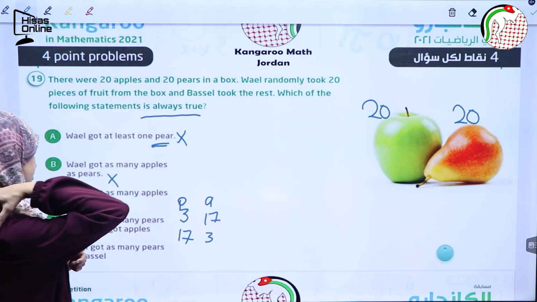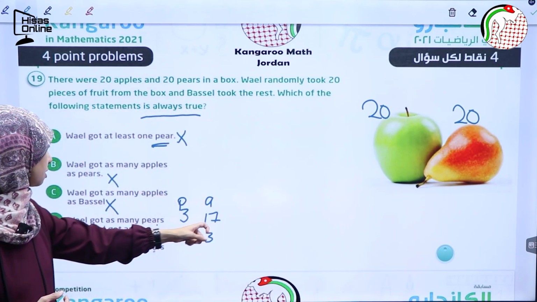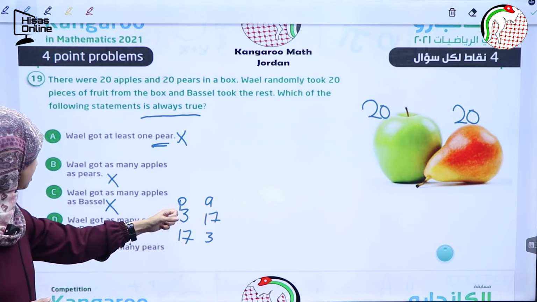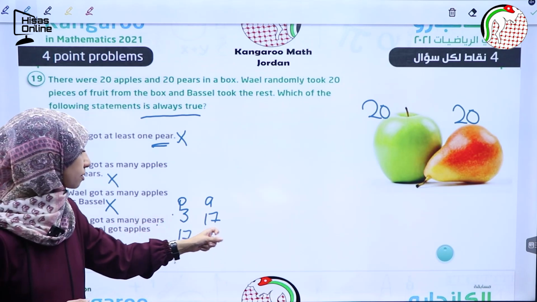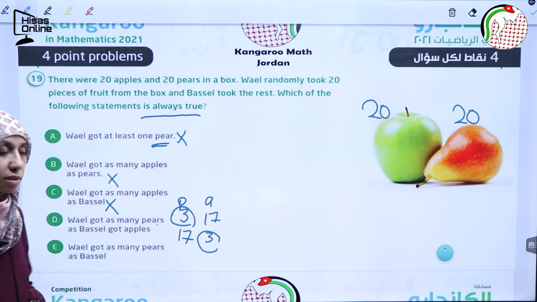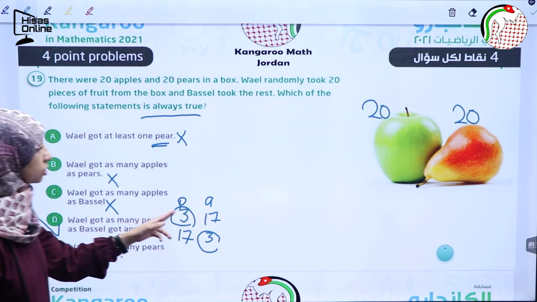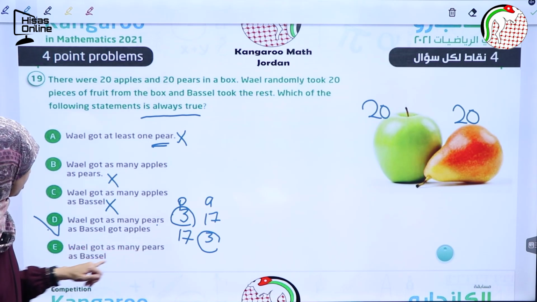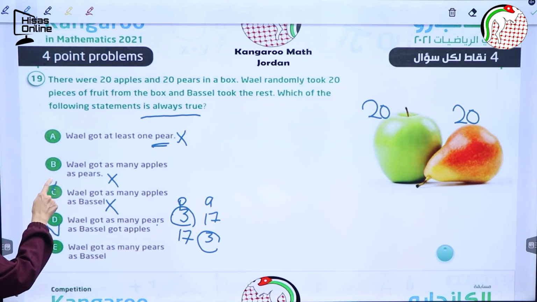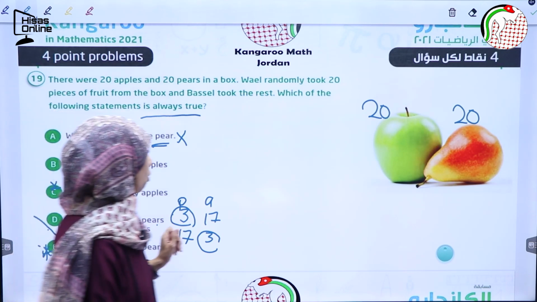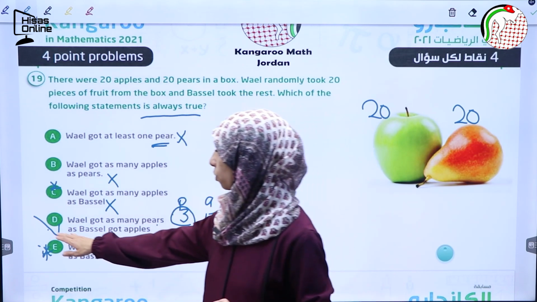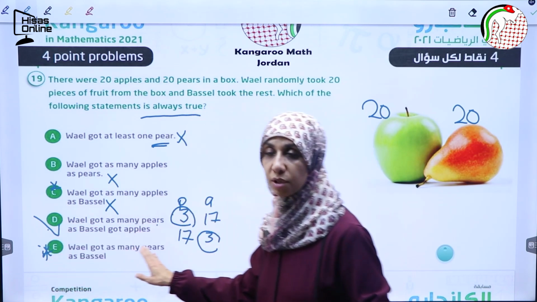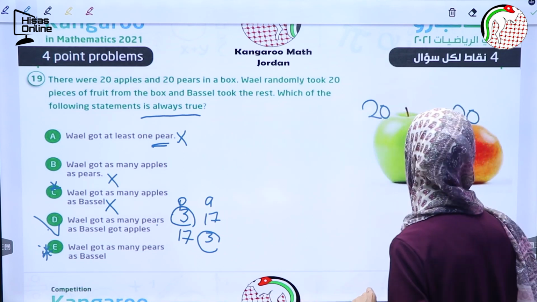So let's see. Wael got as many pears as Basil got apples. Yes, this is always true. If you change the numbers here, you will find the same result. So this applies always. Wael got as many pears as Basil got apples. This is same as C, which is impossible to be always true. So D is the only logical possible answer for this situation.